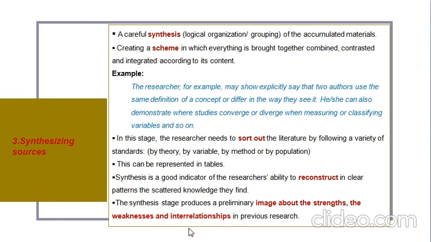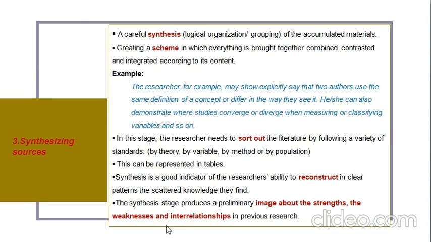Here we have the authors' voices and we have the researcher's voice. The process of synthesis entails creating a scheme in which everything is brought together, combined, contrasted, and integrated according to its content. This requires very special skills on the part of the researcher.